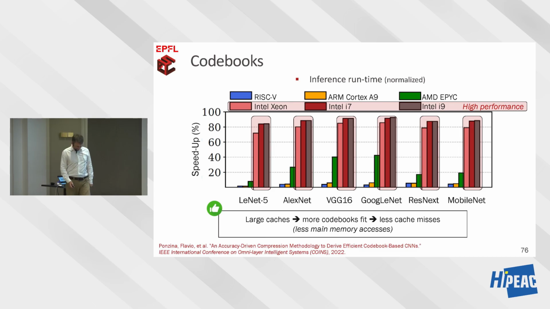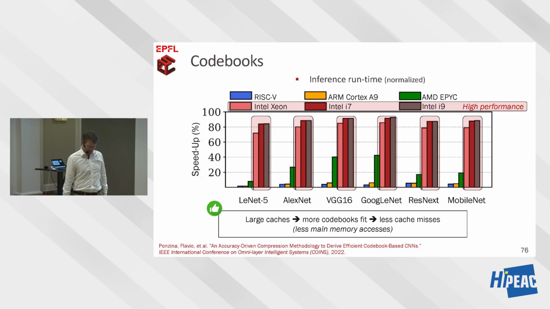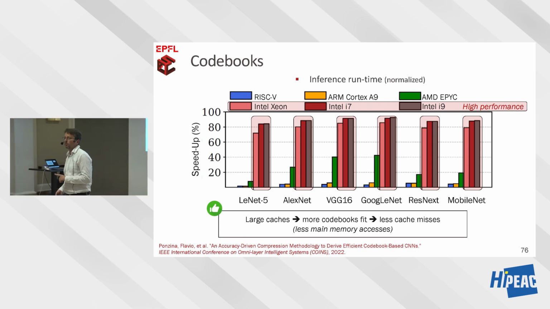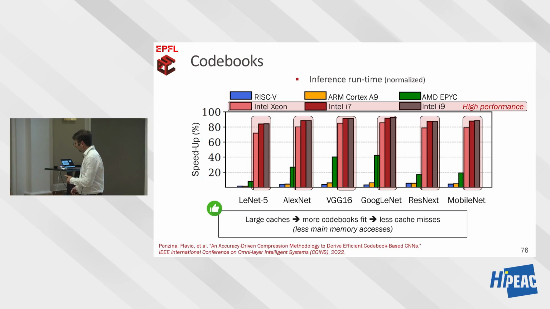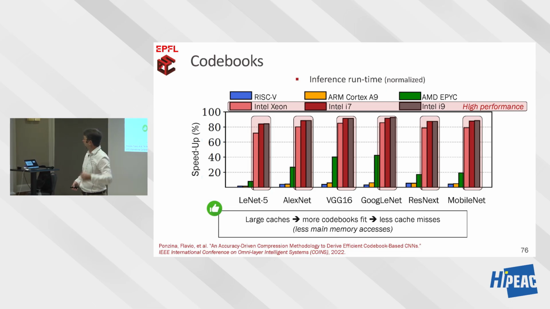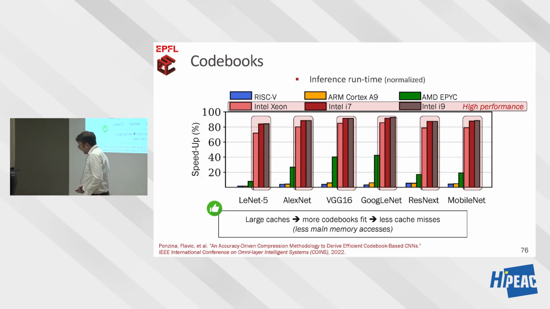Now, one semi-surprising effect is that by using codebooks, we also had noticeable speedups, even if we introduced one level of indirection, because instead of having the value readily available, we had indexes which we use to index a table. Why is that?